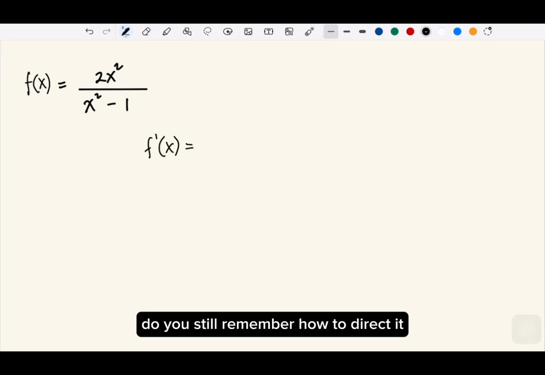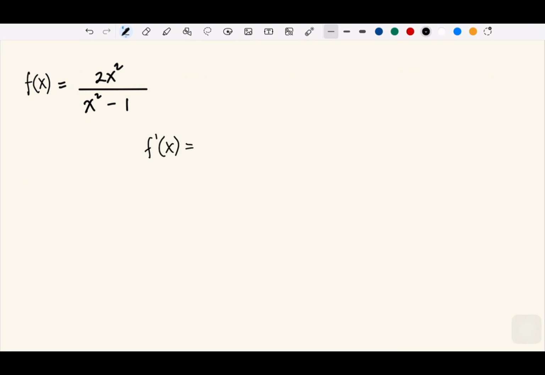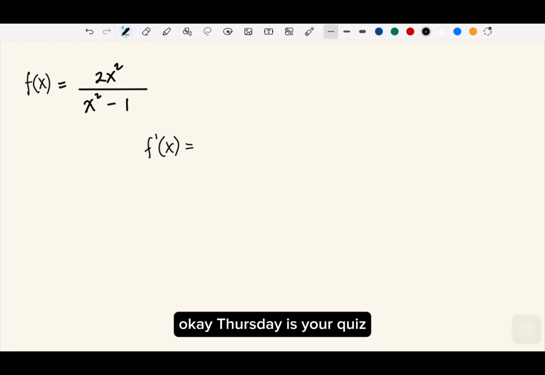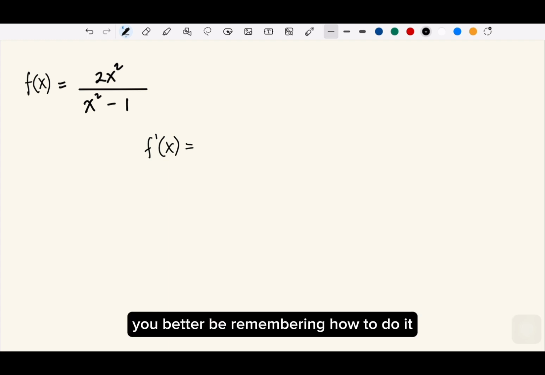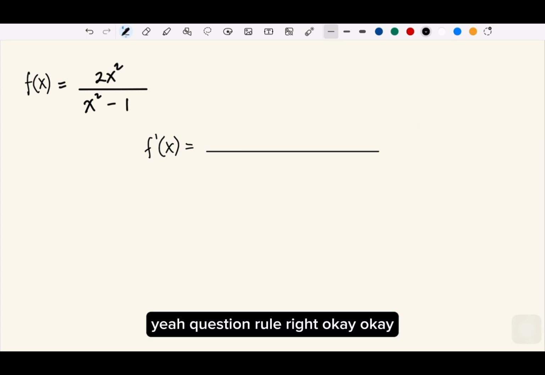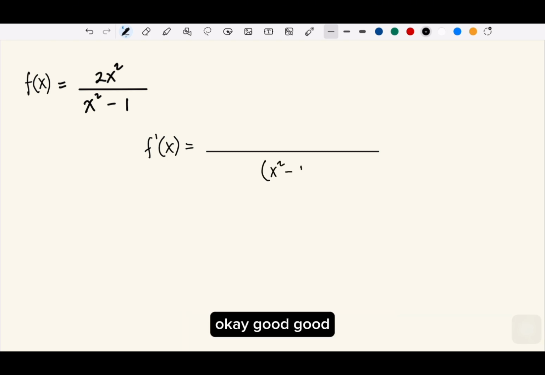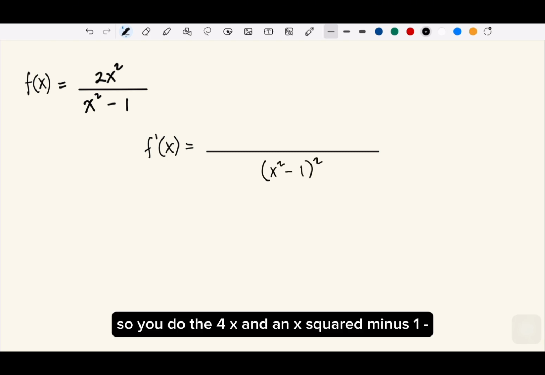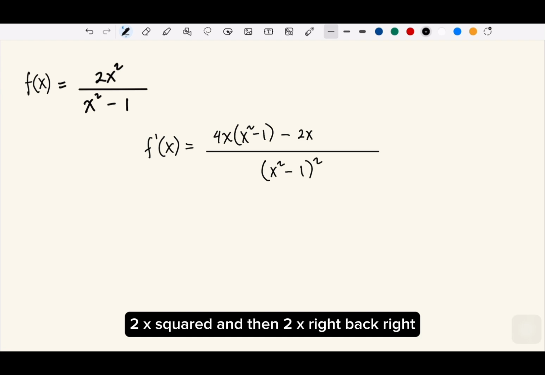Do you still remember how to derive this? Okay. Thursday is your quiz. You better be remembering how to do it. Yeah, quotient rule, right? Okay, good. So it will be 4x, and then x squared minus 1, minus 2x squared, and then 2x right back, right?